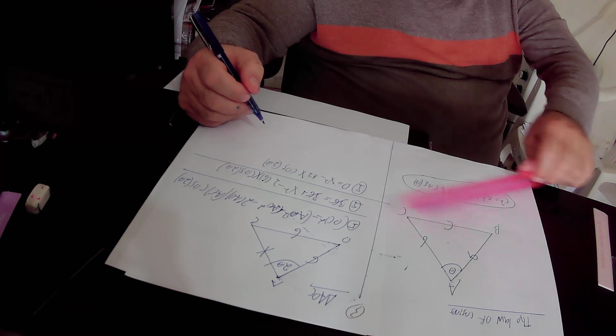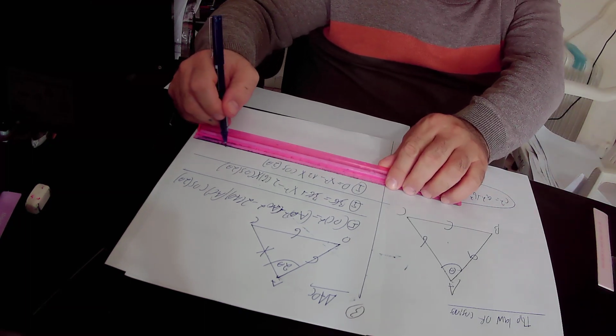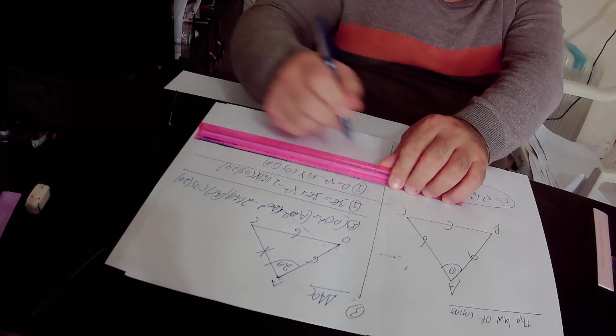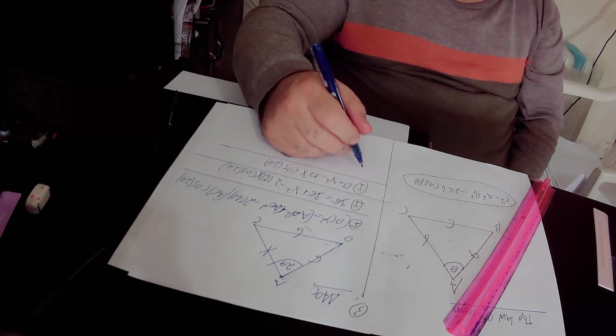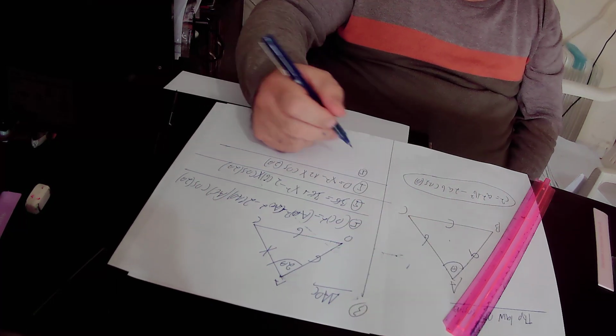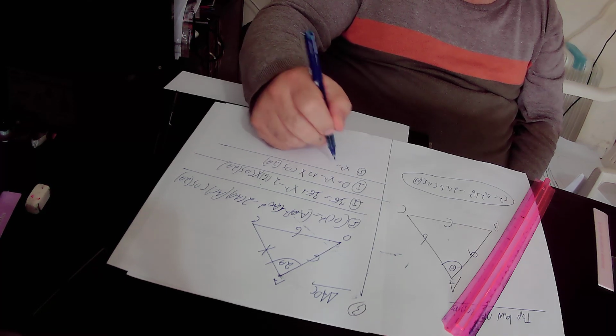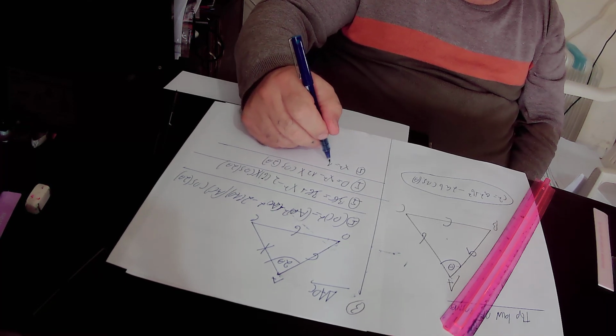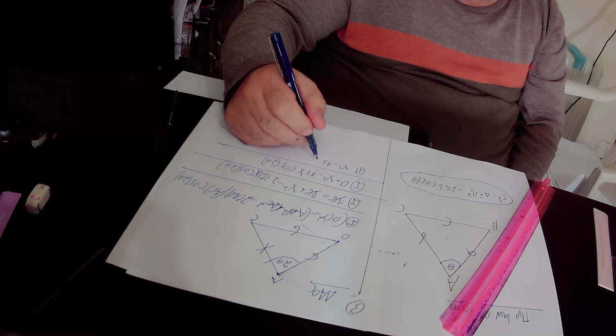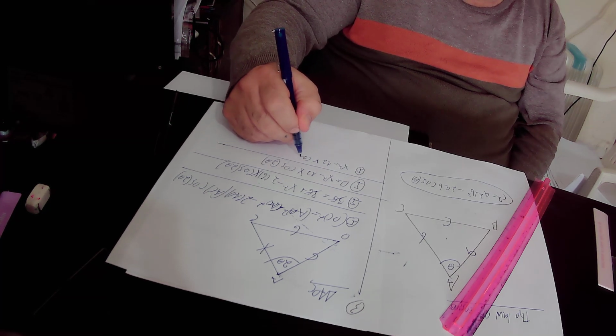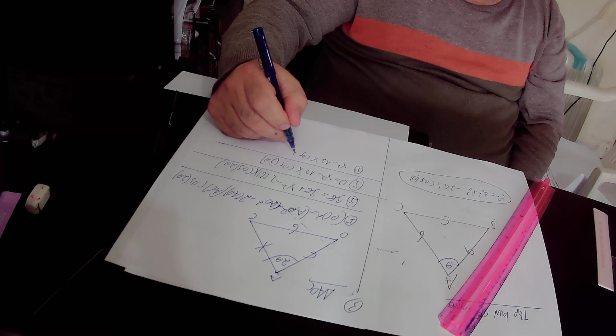Here we add 12x cosine 2 theta to both sides, and we get that x squared equals 12x times cosine 2 theta.